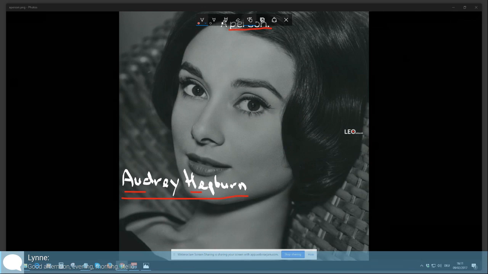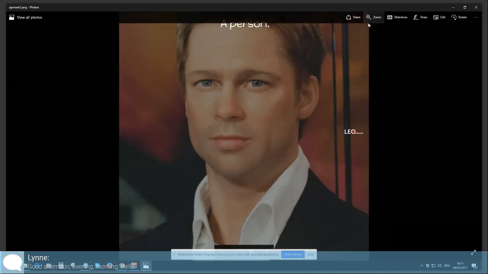Okay, let's carry on. So, Audrey Hepburn, a noun, nothing to do with her being a woman. A man is a noun. Another person, Brad Pitt. So, people are nouns. Okay, you'll notice a person, people. Nouns also have singular and plural. Again, singular, plural, that's the whole session.